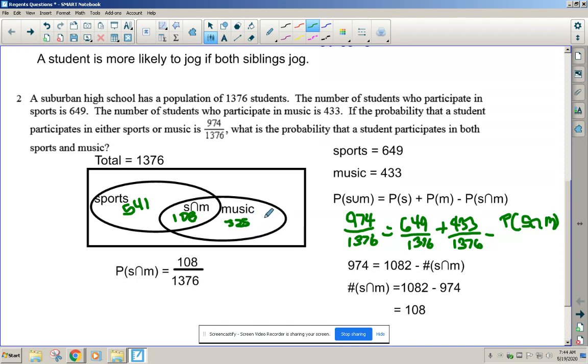So then if we add up the 325, the 108, and the 541, and subtract that from our 1376, we find that we have 402 are doing neither. And if we had to make a Venn diagram, they didn't ask us to, but I might as well review it. This would be my neither. There we go. So hopefully that one went well for you.